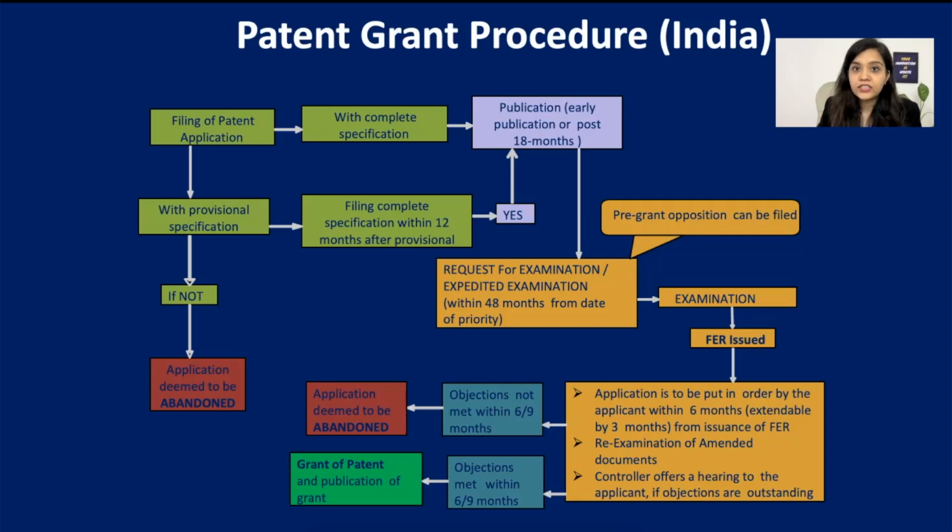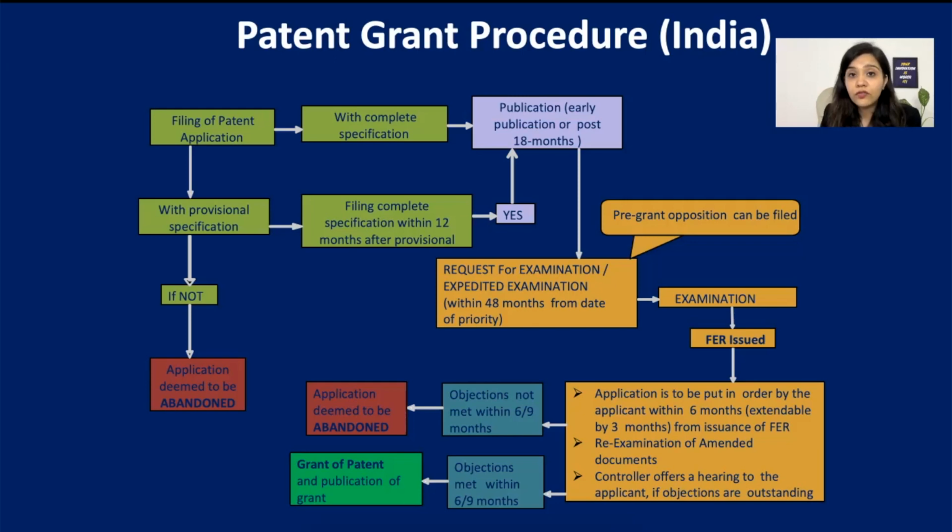Another important aspect to remember is that whenever you file a request for examination, the examiner or the controller or the patent office will give you an examination report. When you get that report, you need to file a reply within 6 months. If you cannot file a reply within 6 months, then within 6 months only you have to seek extension of time under Form 4.